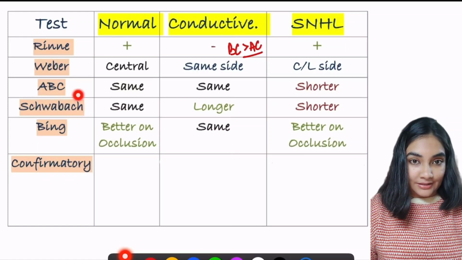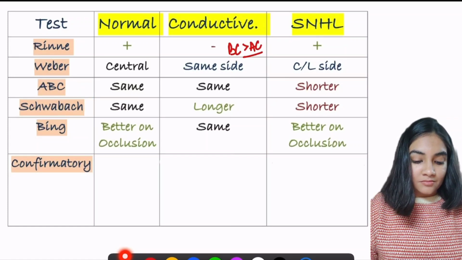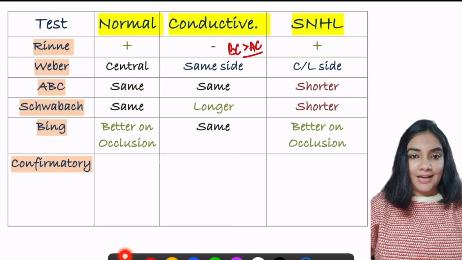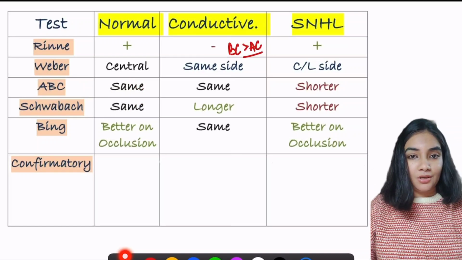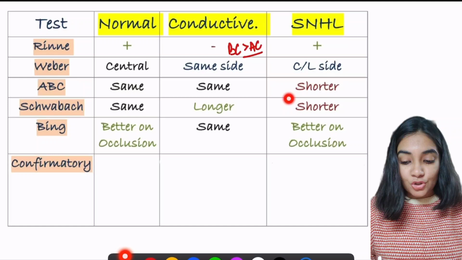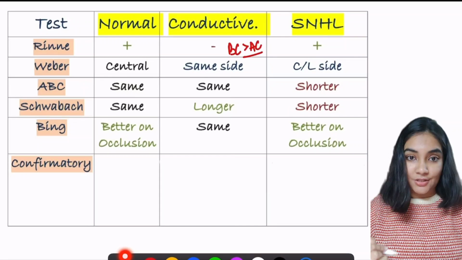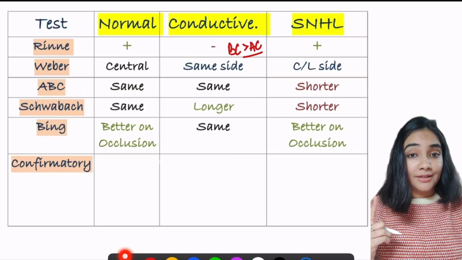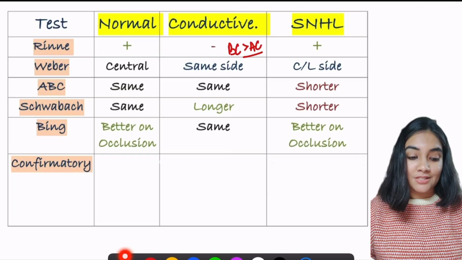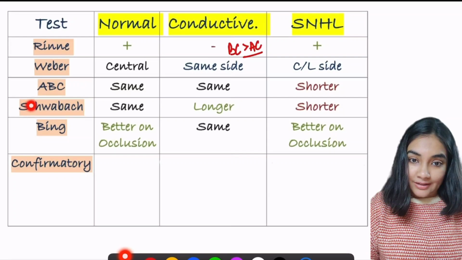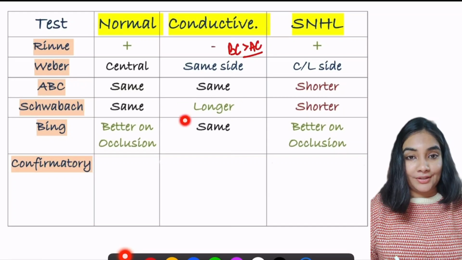ABC and Schwabach, we see them together. It is same for the patient and the examiner, considering both are normal. It is shorter in patients with sensory neural deafness. In patients with conductive deafness, we see only Schwabach and it is longer here.